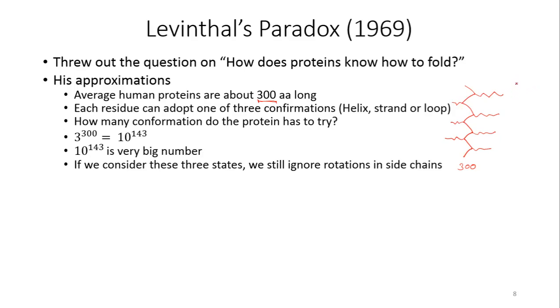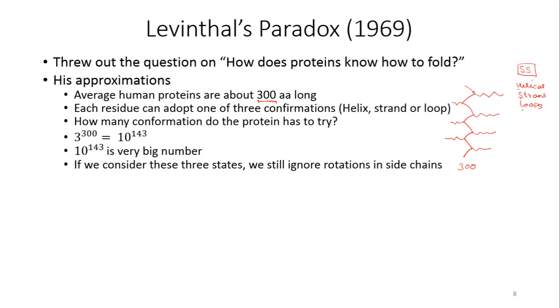It can be in helical form, it can form a strand, or it can form a loop. So these are called secondary structures. The backbone of your protein can acquire one of the three secondary structural states.